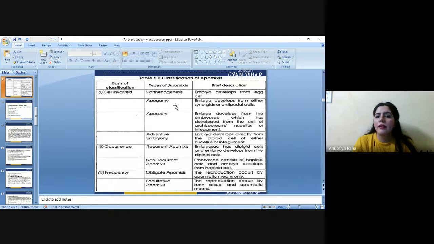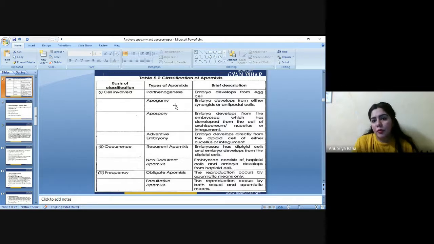In brief, parthenogenesis is when the embryo develops from the egg cell. If an embryo is developed from a single egg cell, the process is known as parthenogenesis. In the case of apogamy, the embryo develops from either the synergids or antipodal cells.